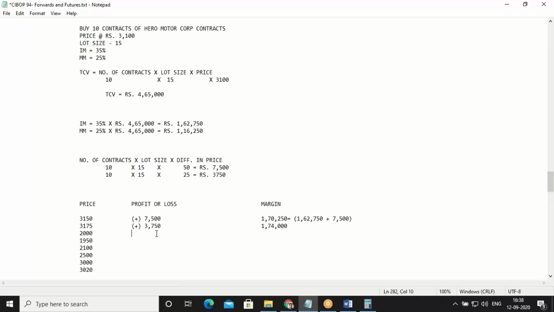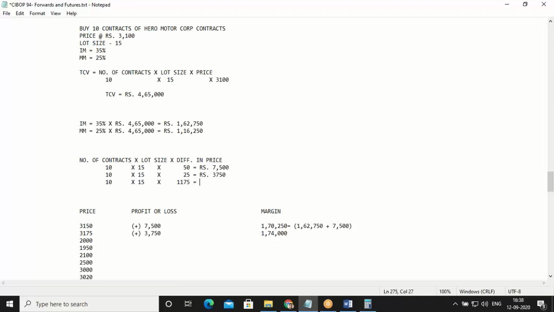Now, when we talk about day 3, the price goes down to 2000 rupees. So have you made a profit or a loss on this day? Loss. Okay, how much? I want you to do it step by step until you get this correct. 1175, right?